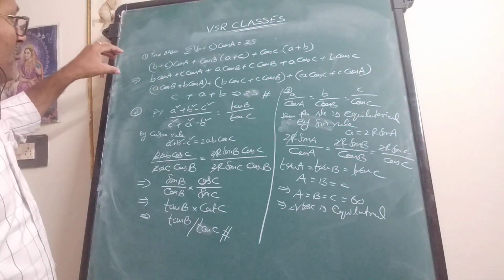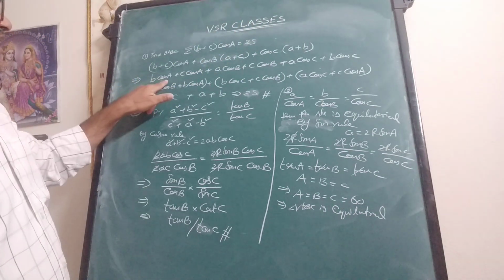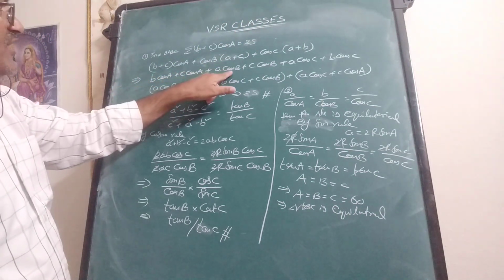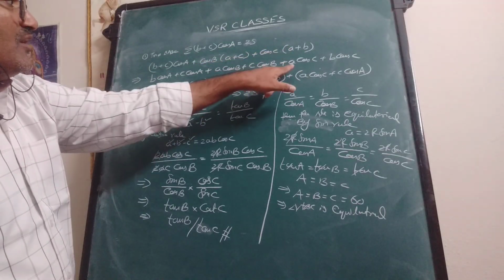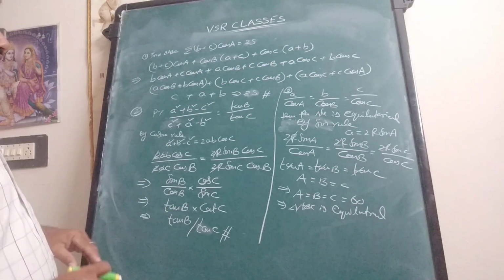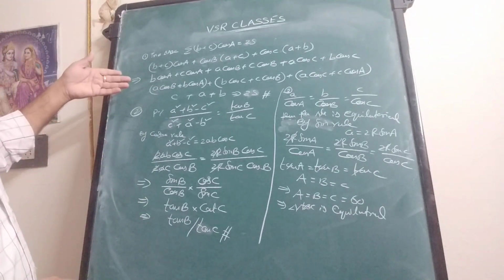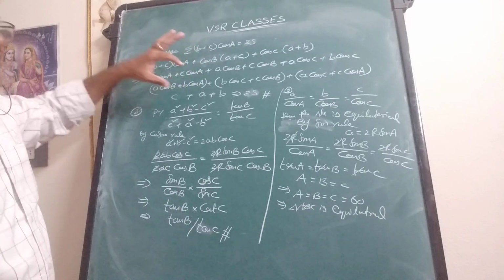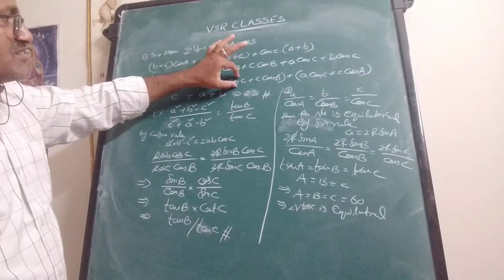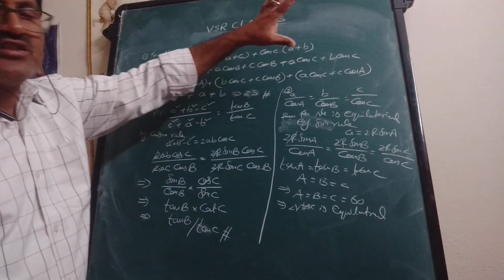Now if you multiply internally, you get this line: b cos A, c cos A, a cos B, c cos B, a cos C, b cos C. According to the projection rule, which we discussed in the previous problem, I wrote a cos B plus b cos A aside, b cos C plus c cos B aside, and a cos C plus c cos A aside.